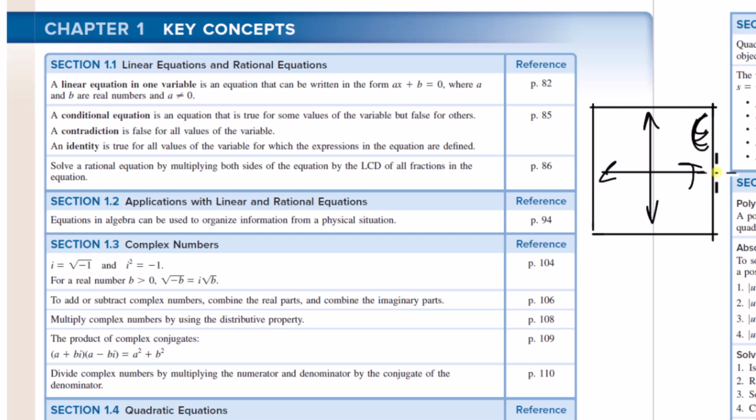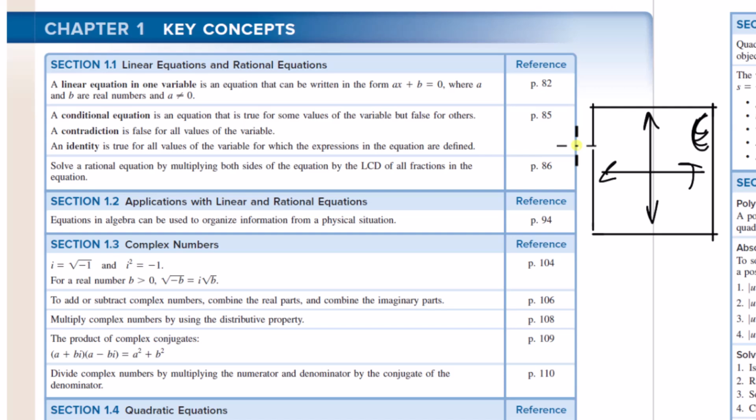But first, to identify what type of equation you have, you look at what are all of the potential solutions to this equation. Is it going to be all real numbers, or is it going to be all complex numbers? Whatever.